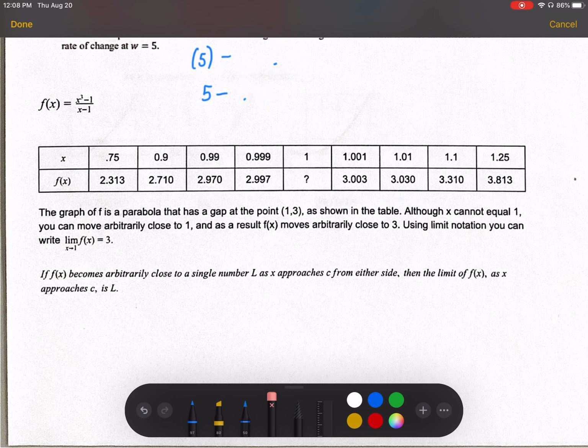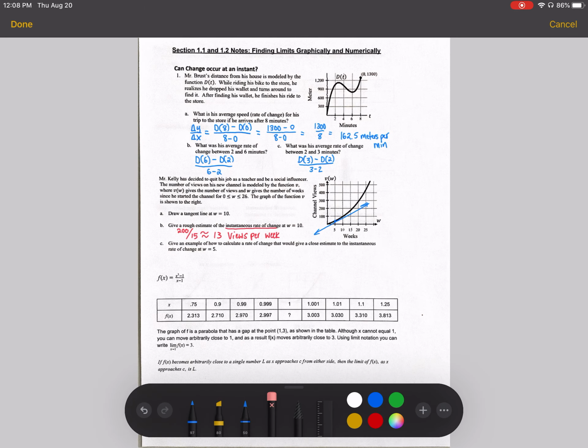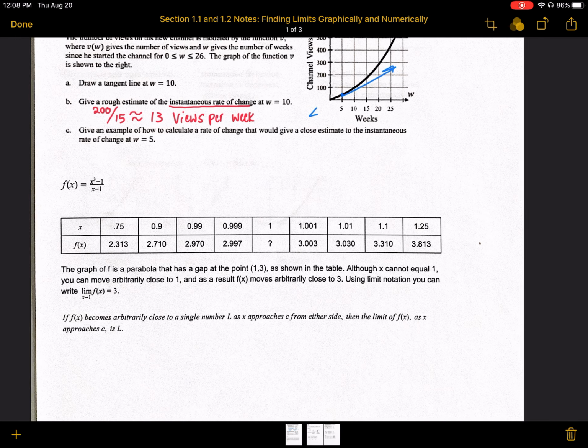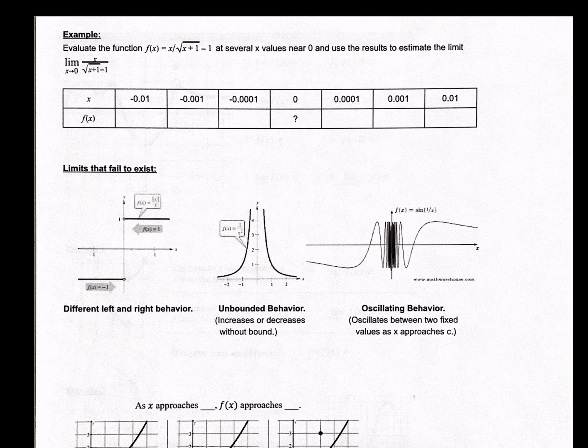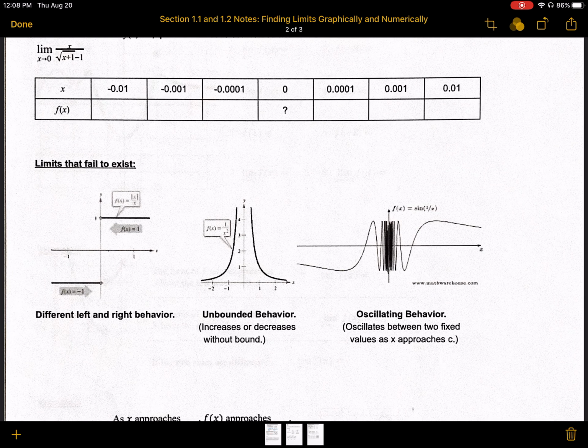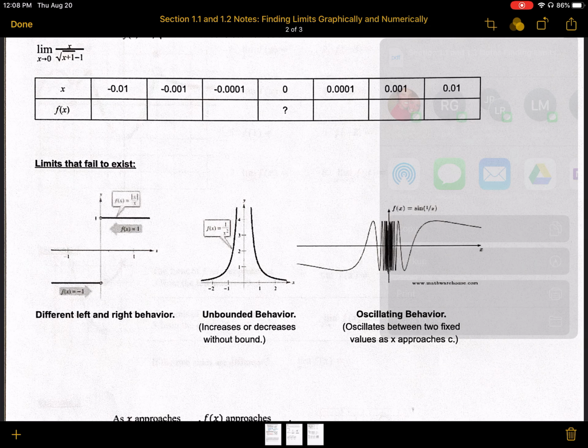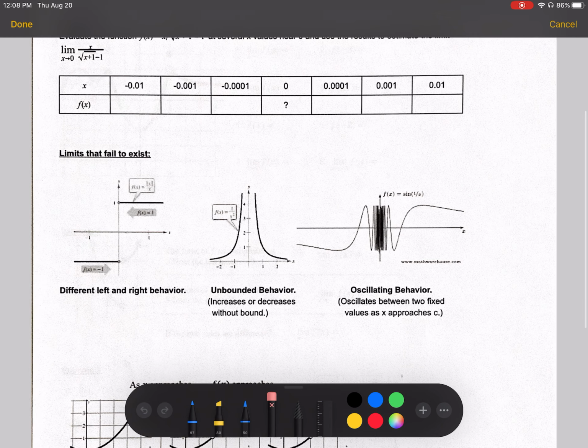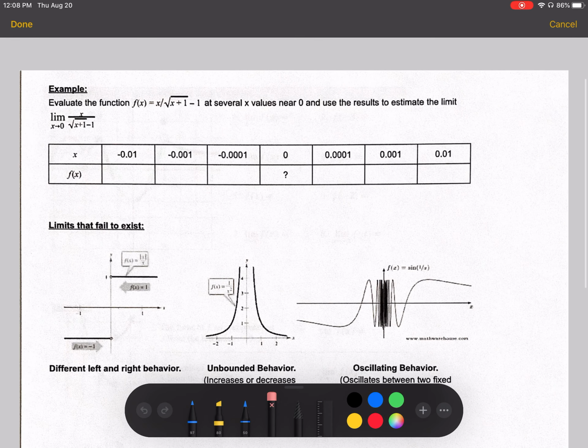Okay, so let's look at the next page. Okay, so here's the next page, and it's the same concept here. We have these points, we're going to fill them in. So on your actual homework, you're going to have to fill the points in yourself. So it gives you the x value, plug it into your calculator and get the y value.